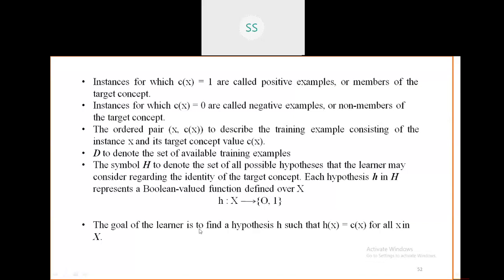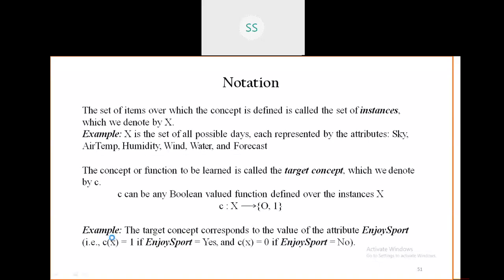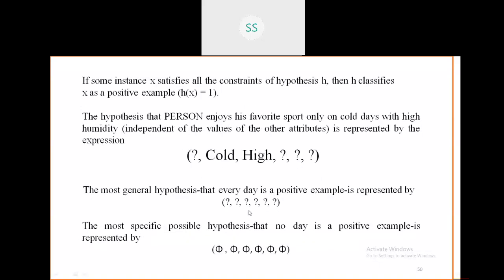The symbol H denotes the set of all possible hypotheses that the learner may consider regarding the identity of the target concept. Capital H means all the possible hypotheses. We have designed one hypothesis here, then two and three: H1, H2, and H3.